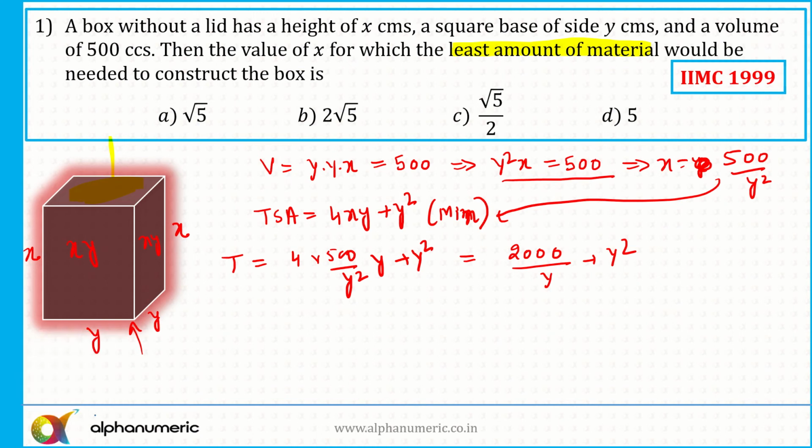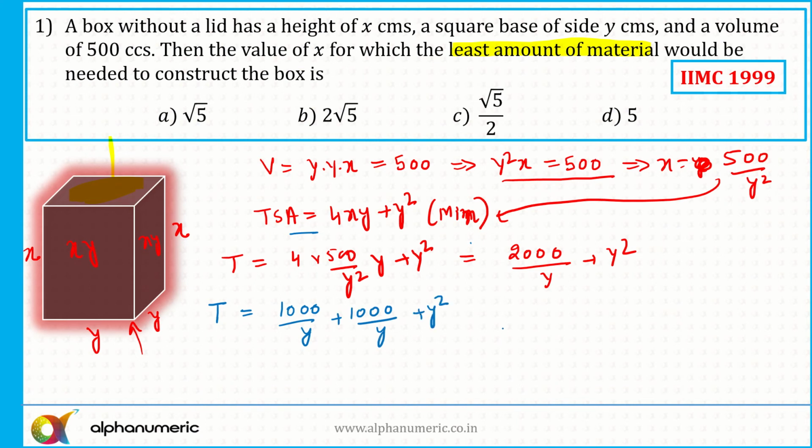Now, T is equal to this one. The sum needs to be minimized. So if I need to minimize the sum, then we should know what the product is. Can I say that this total surface area can be written as 2000 by y, which I can write as 1000 by y plus 1000 by y plus y square.